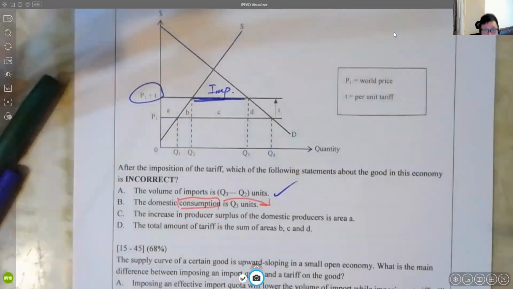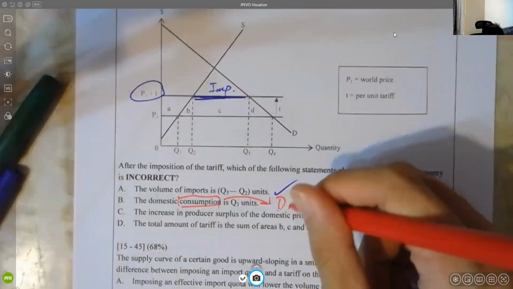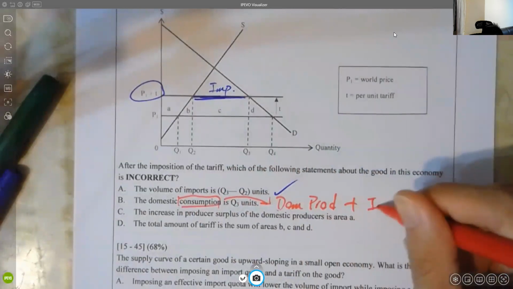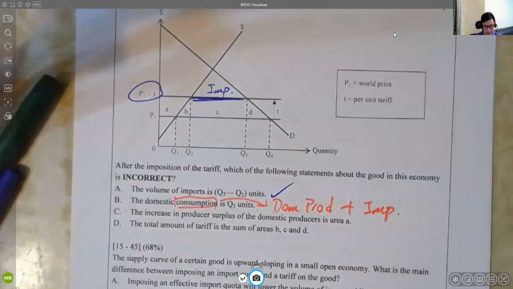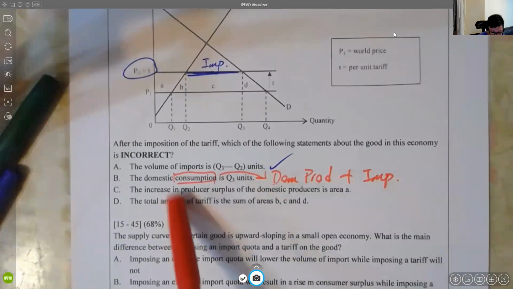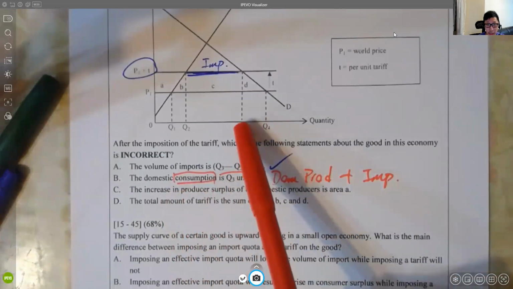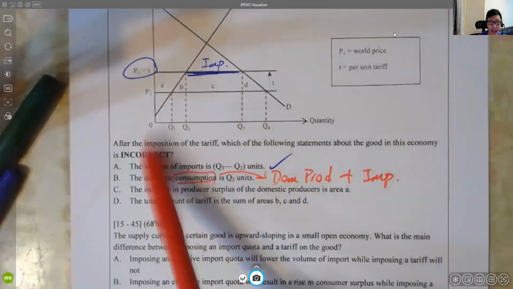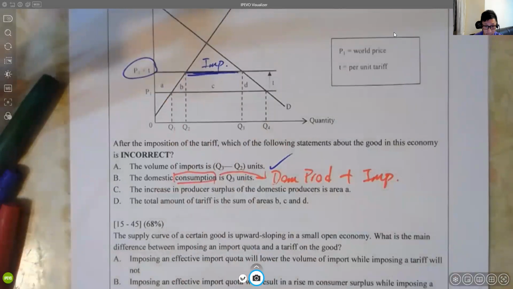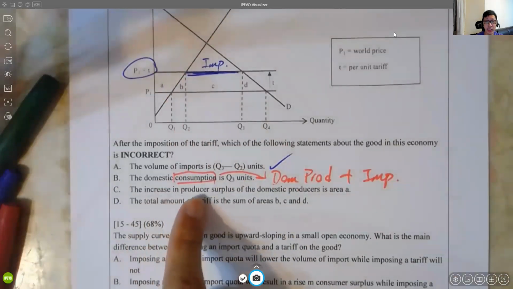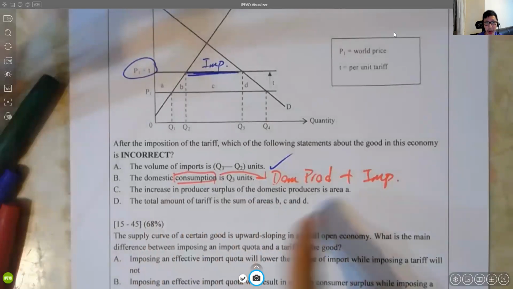Remember, there are two sources of goods available: either domestic production or import. Both would give you availability of the good. Therefore, the domestic consumption should be Q3 right here, import plus domestic production.